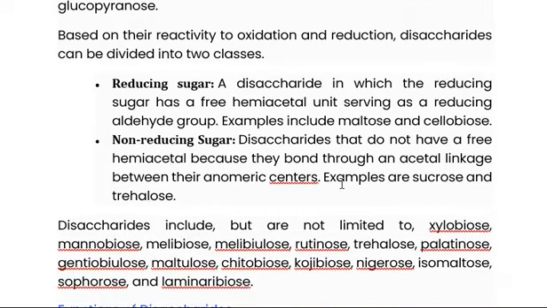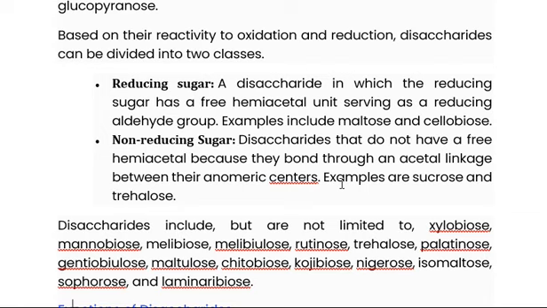Number one class is a reducing sugar. Number two class is a non-reducing sugar. A reducing sugar is a disaccharide in which one sugar has a free hemiacetal unit, serving as a reducing aldehyde group.